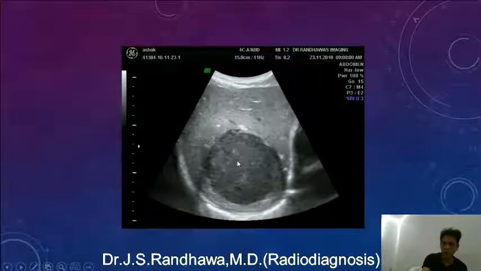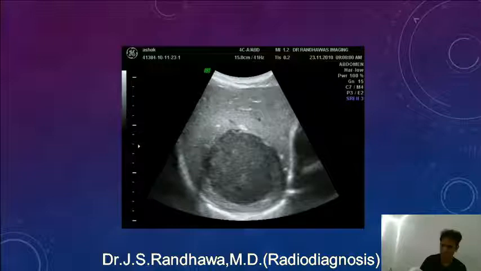Now if you see this picture, we see a mass in the liver. Okay, now let us see which segment this mass is predominantly lying in. If you see this picture, we cannot see the hepatic veins, but the fact that we cannot see the gallbladder means that, because always the gallbladder is seen much more easily than the hepatic veins.